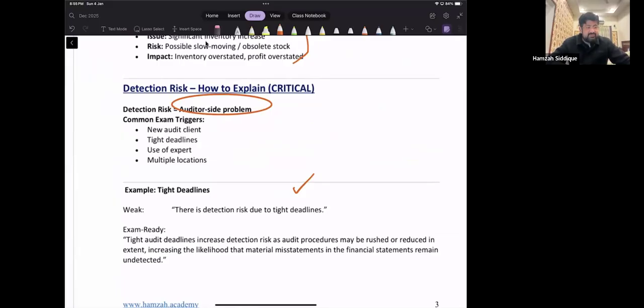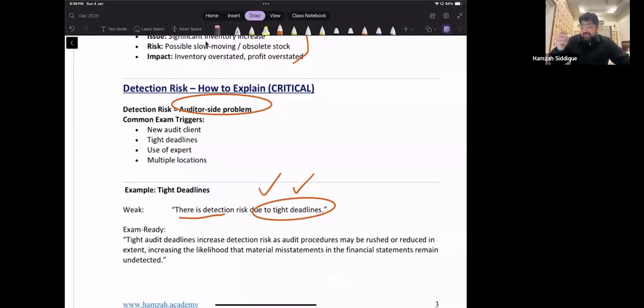So the possibility is that there is detection risk due to tight deadlines. You shouldn't just state it; that is weak.